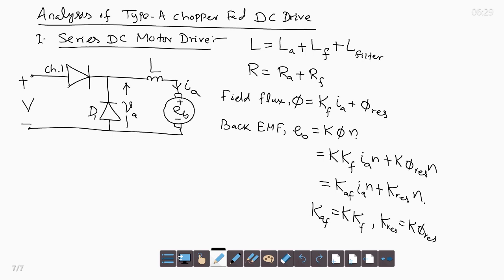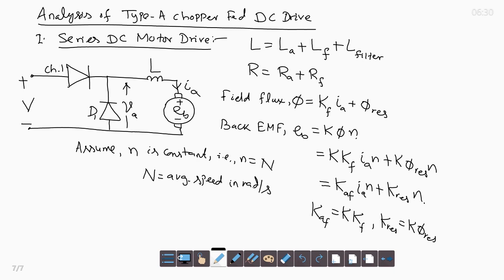But usually speed varies very slowly compared to armature current. Armature current varies fast because its time constant is small, while the mechanical time constant is large, so speed does not vary. So you can assume N is constant, that is N equals the average speed in radian per second.